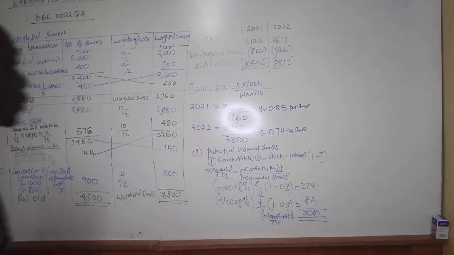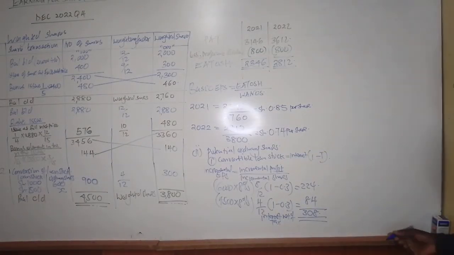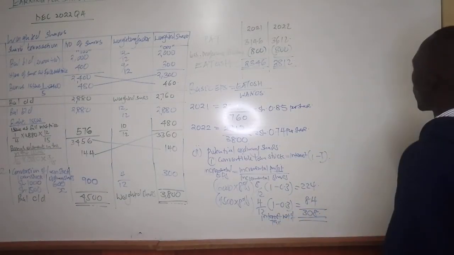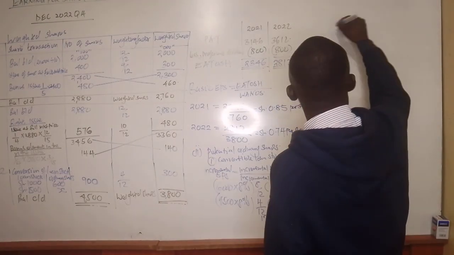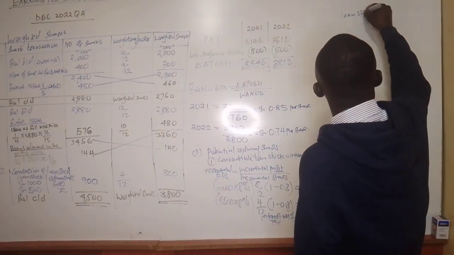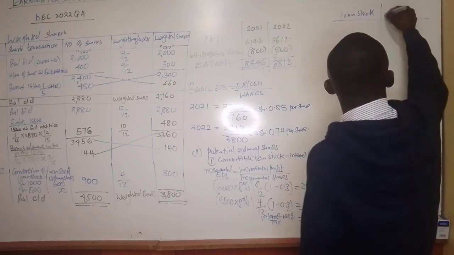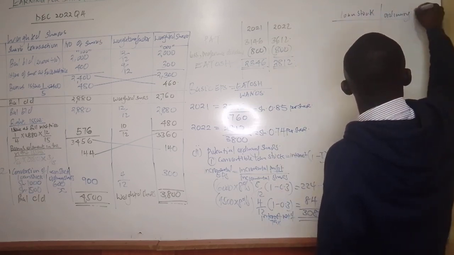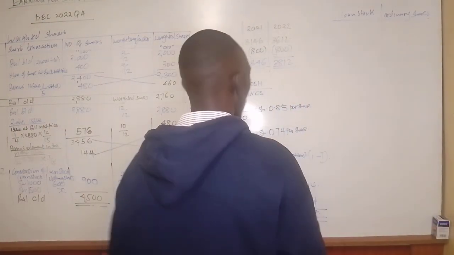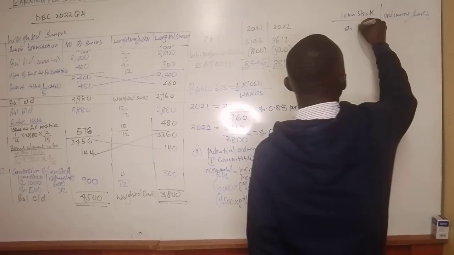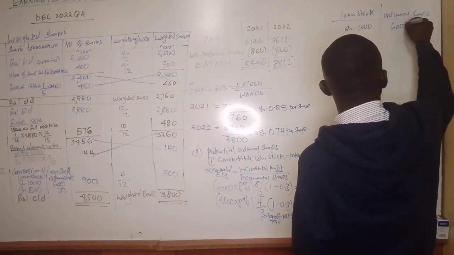So how do we compute incremental shares? The incremental shares will be given by, we carry out the conversion exercise. So here we are talking about the loan stock, and here we are going to have ordinary shares. And remember, we were told that for every shillings 1,000 is going to give us 600 shares.